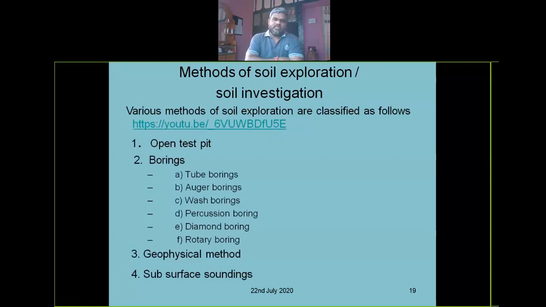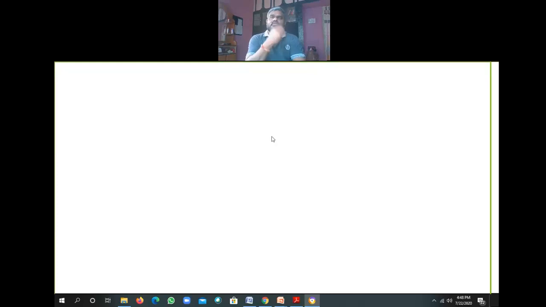Open test pit means just excavating a pit on the alignment, like if you are constructing a metro line or a bridge. Along the longitudinal section of the alignment, we take some pits to know the different soil conditions, or whether any utilities are falling on that alignment.